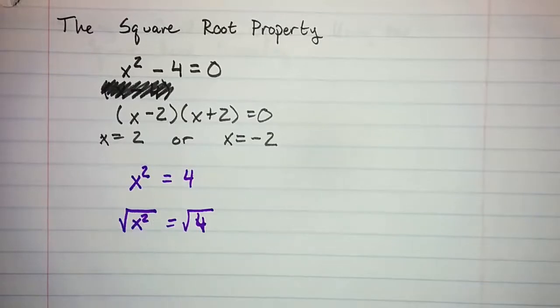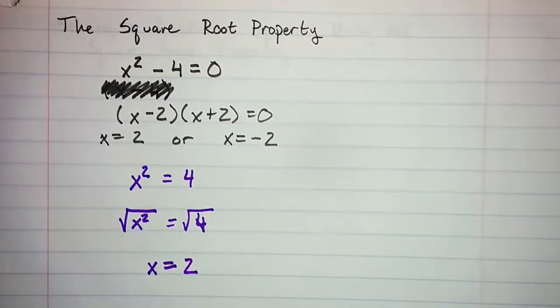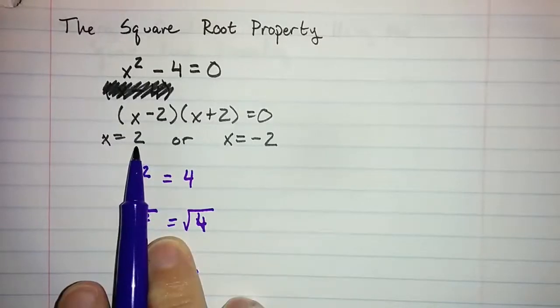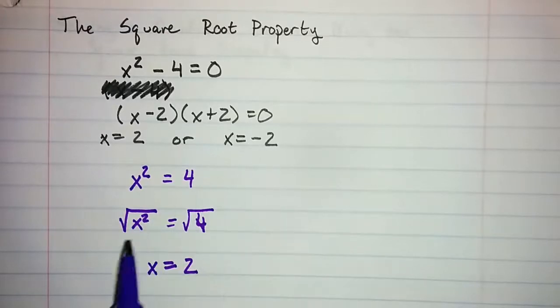So someone who had a totally naive approach to this problem might think that the solution is just x equals 2. But wait, x equals 2 is a solution, but we also have this solution, negative 2. What happens?